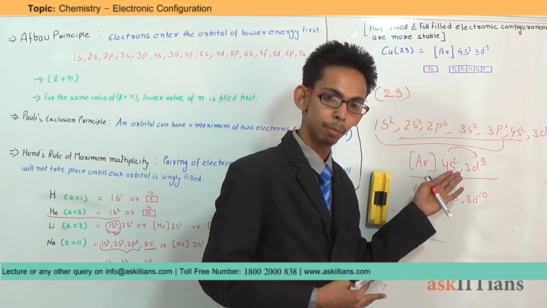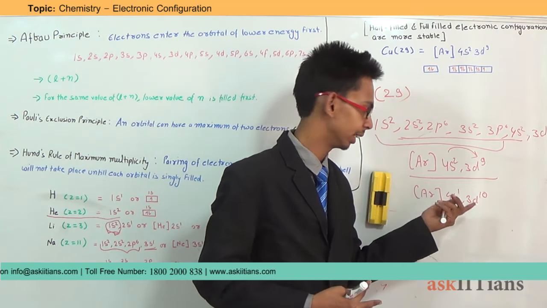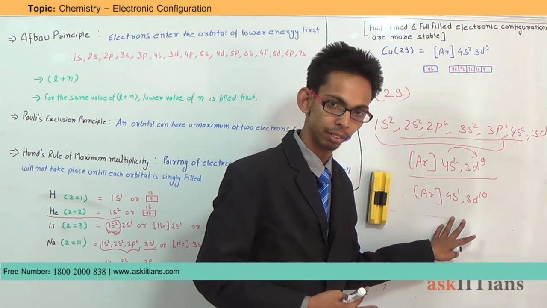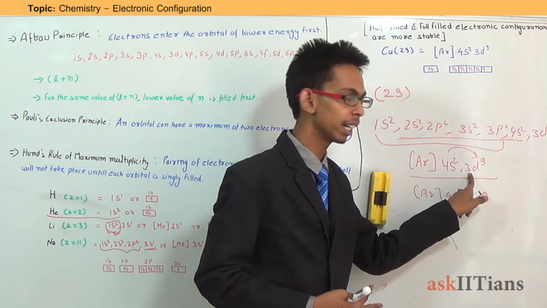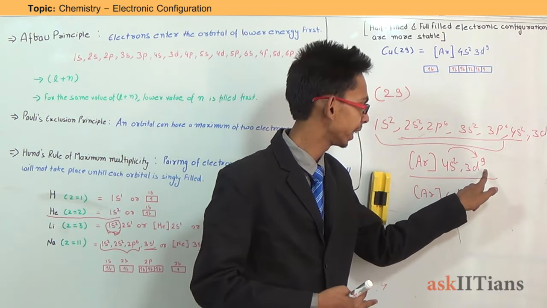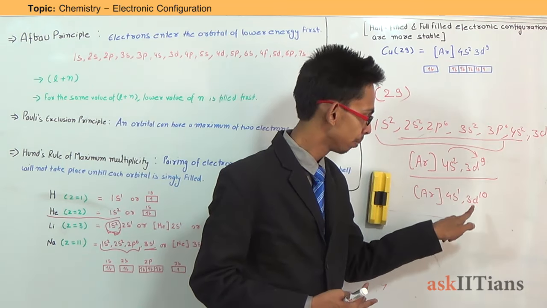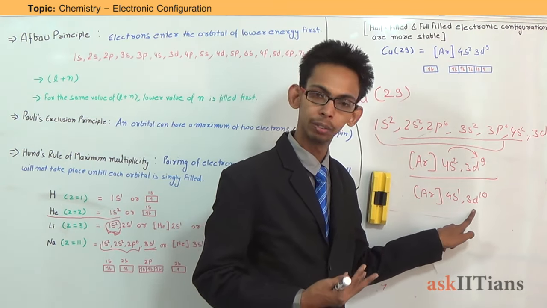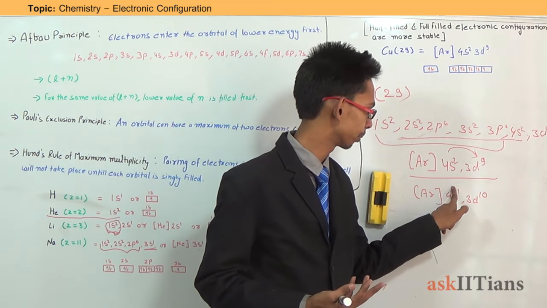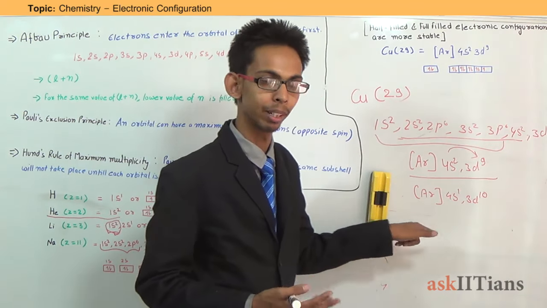It was stable before because it was fully filled, and it is stable now because it is half filled. In both cases it is stable. The difference is in the d orbital. Earlier it was partially filled with 9 electrons, it was unstable, but now it is also stable because of the fully filled orbital. One electron gets transferred from this to this and this increases the stability.